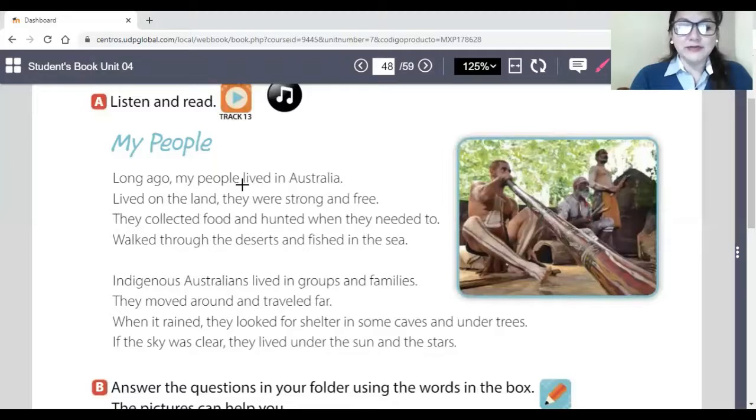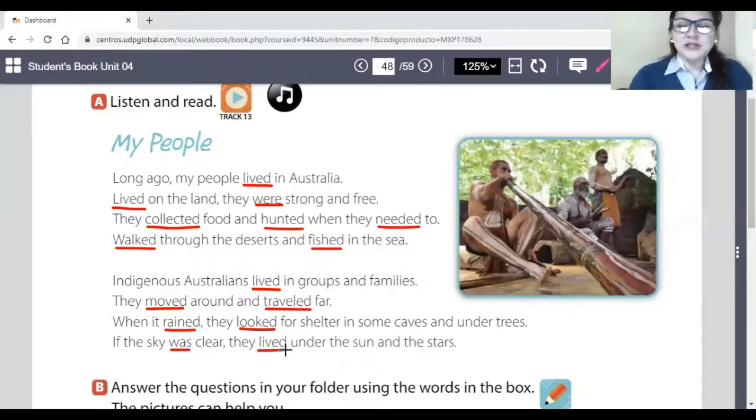For example: lived, were, collected, hunted, needed, walked, fished, lived, moved, traveled, rained, looked, was, lived. Just that.